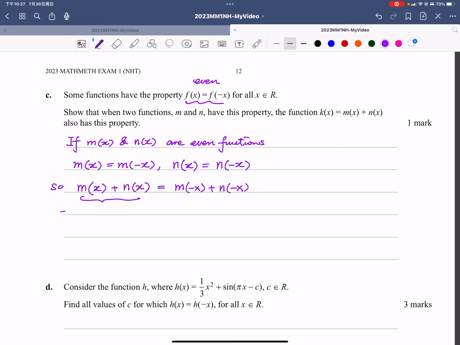The left-hand side is m plus n, which is k of x. The right-hand side is actually k of minus x. Therefore, k of x also has this property. This is basically saying that when you add up two even functions, the resultant function is even.